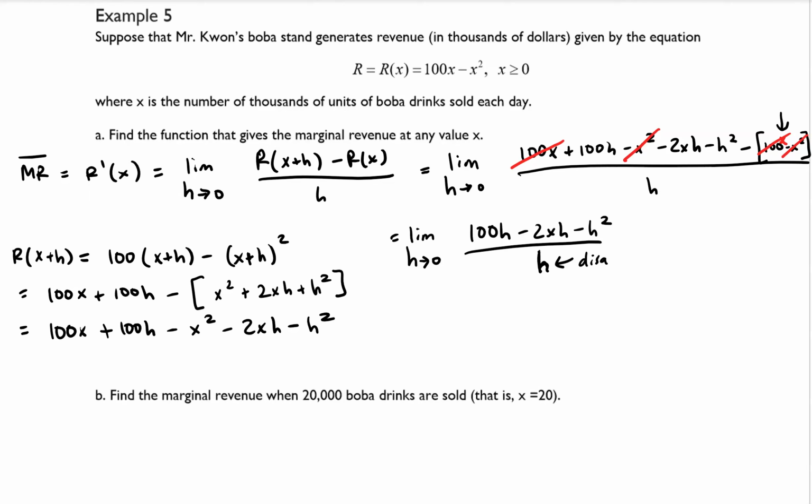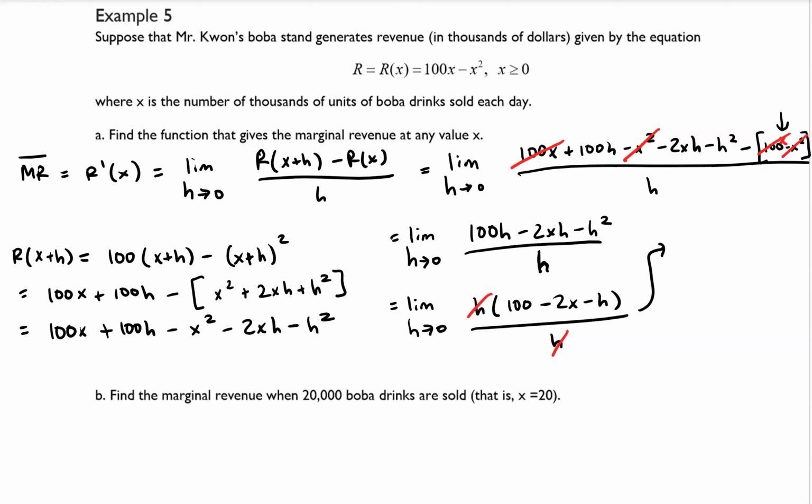So that is how I knew that I made a mistake earlier. So now every term in the numerator has an h in it, so I can factor out an h, which will leave me with that. And now this h and this h will divide out. So again, whenever you're doing the limit definition of a derivative, the h in the denominator is always going to cancel out. So if it doesn't, that means that you did something incorrectly.